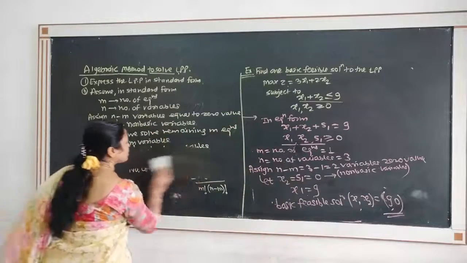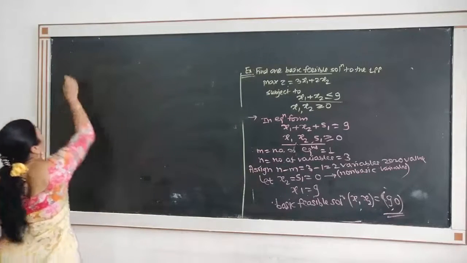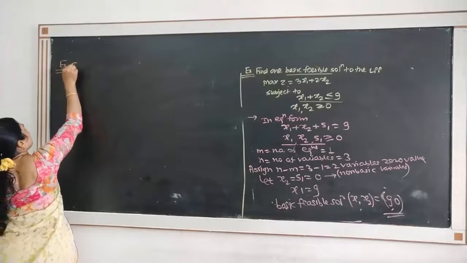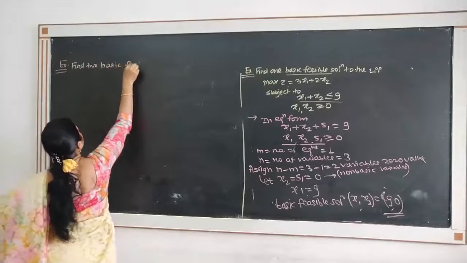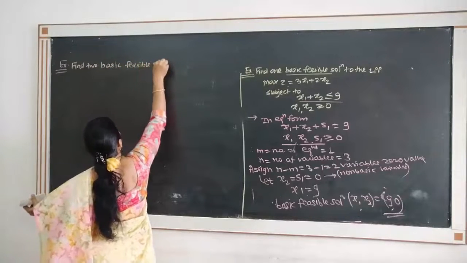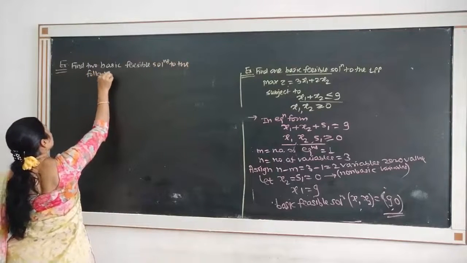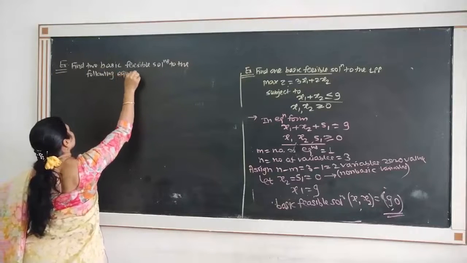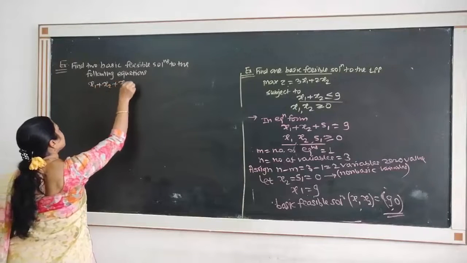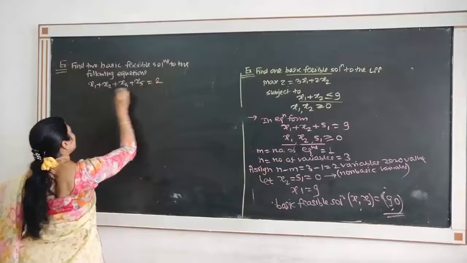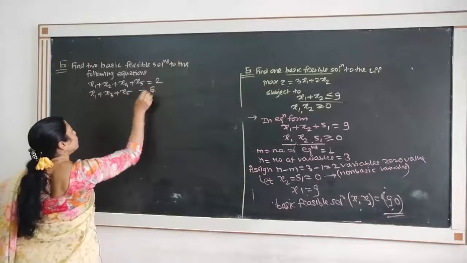Now consider one more example. Find two basic feasible solutions to the following equations: x1 plus x2 plus x4 plus x5 equal to 2 and x1 plus x3 plus x5 equal to 6.